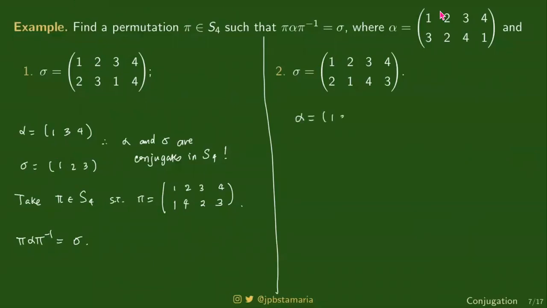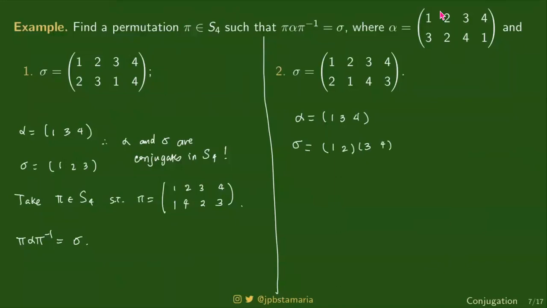Again, alpha is the 3-cycle (1 3 4). On the other hand, sigma, when you write it in the cycle form, this is (1 2). Sasarado ko na kasi 2 bumalik na sa 1. And then si 3 gumagalaw pa. So, susulat mo pa 3, 4, and then 4 back to 3.